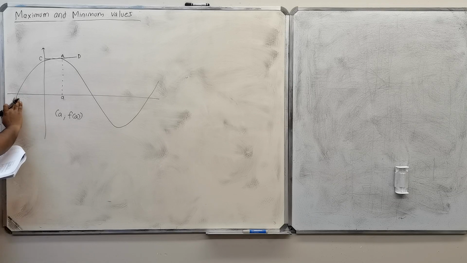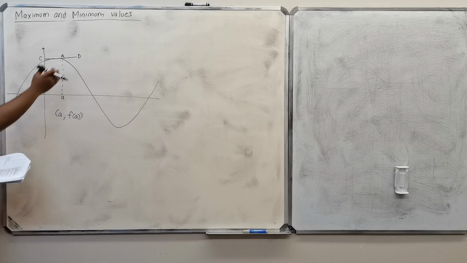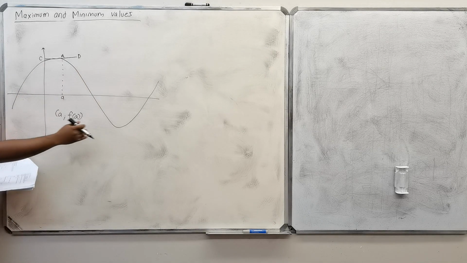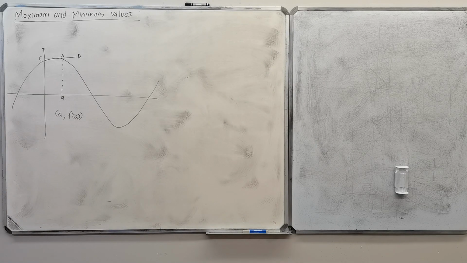On this end, because it's sloping upwards, it's a positive gradient before point A. After point A, it slopes downwards and has a negative gradient. Then they tell you that at a maximum point, the rate of change of dy over dx is negative and it decreases, and that the double derivative is less than 0.